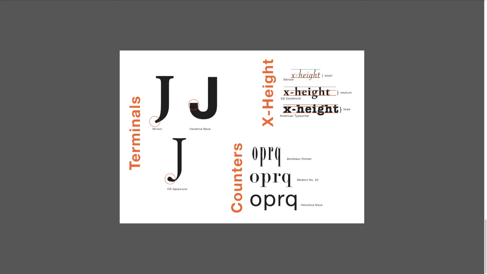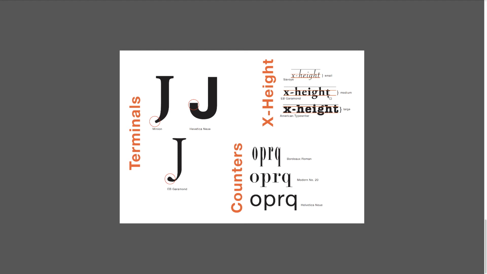The last term that you're going to need for your lab is the X height. That's essentially the height from the baseline, which is the invisible line where all type sits, to the top of the lowercase letters. In these examples, you can see that this X height is quite small in relation to the overall height of the letters.